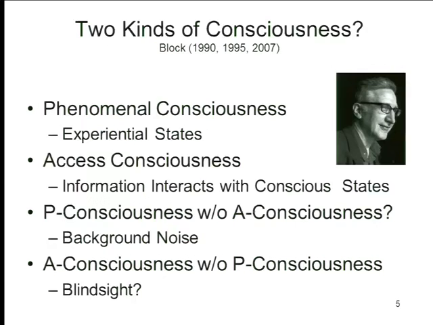But Block also pointed out that you can have access consciousness without phenomenal consciousness. The case he gave, which I'll discuss in more detail on Wednesday, is blindsight, where some patients with a particular form of brain damage to the striate cortex back here in the visual area are blind. They have a scotoma that renders them blind for certain parts of space. It's not usually the whole of space, but you knock out a little bit of your striate cortex and you're going to have a blind spot maybe in the upper left-hand portion of the visual field.